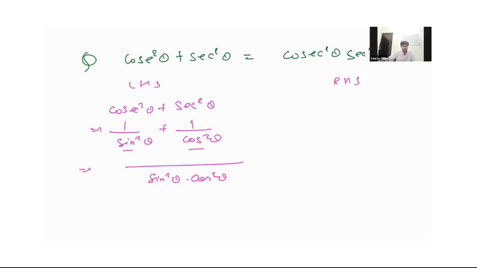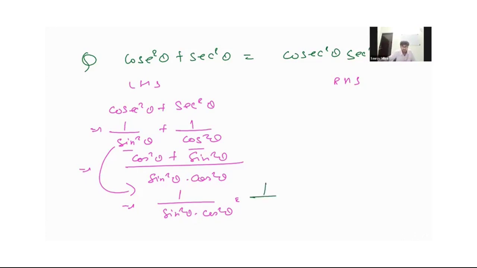Sin square theta gets cancelled, and you get cos square theta. So 1 into cos square theta will be cos square theta, plus 1 into sin square theta will be sin square theta. So we got our answer: sin square theta plus cos square theta over sin square theta into cos square theta, which is 1 upon sin square theta into cos square theta.